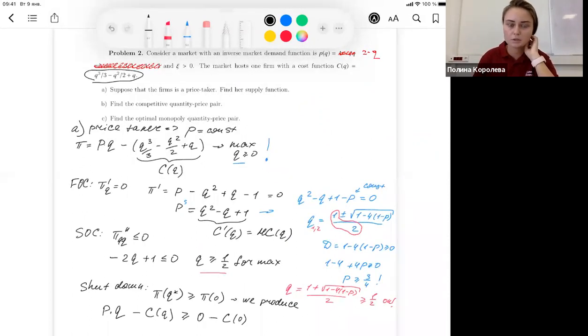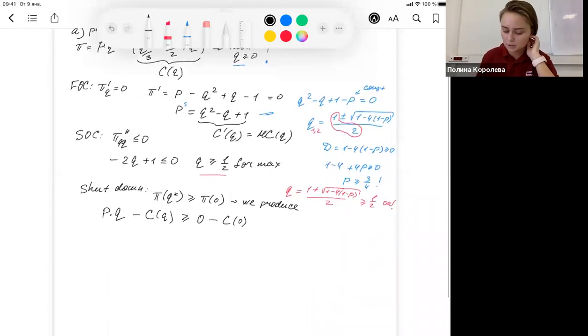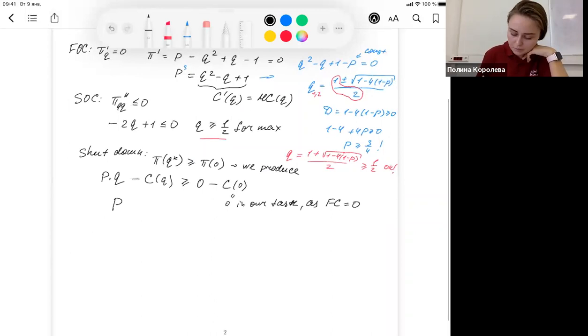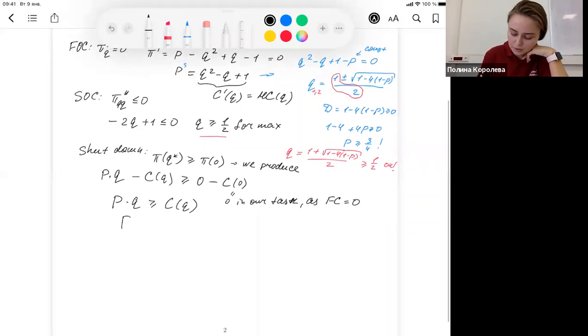We do not have fixed costs, we do not have constants, so this will be 0 in our task, as we have no fixed costs. So price multiplied by quantity is greater or equal than total costs, then price is greater or equal than costs over quantity.